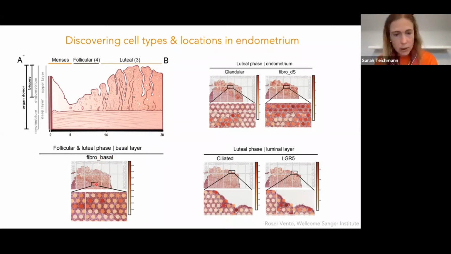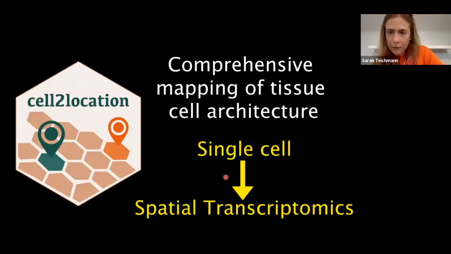The basal fibroblasts you see are positioning nicely here in both the follicular and luteal phase. They're present throughout the menstrual cycle, sitting at the junction between the myometrium and the endometrium. These ciliated epithelial cells are sitting in the luminal layer here. In this way, we position the cells in the 55 micron voxels of the Visium.